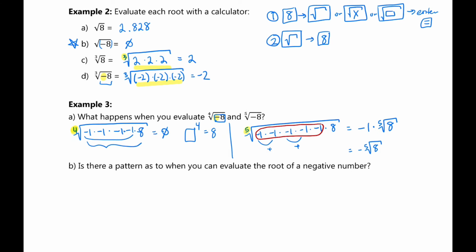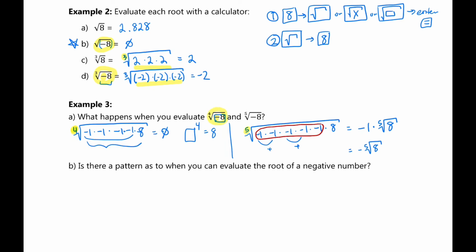Part B. Is there a pattern as to when you can evaluate the root of a negative number? From previous examples 2 and 3, we noticed that the square root of a negative number wasn't defined, but the cube root of a negative number was defined. Same thing from example 3.